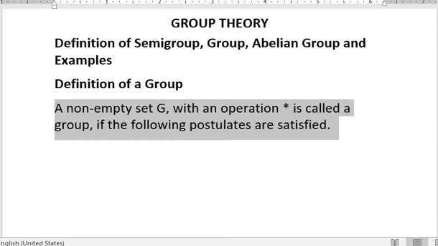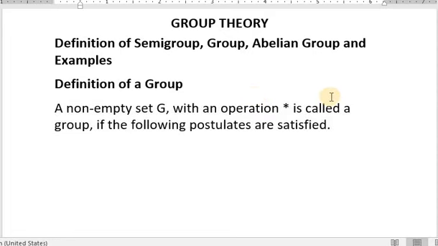A non-empty set G with an operation star is called a group if the following properties are satisfied. A group should satisfy the four properties.